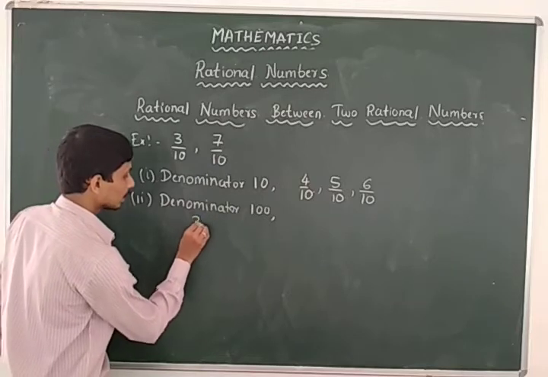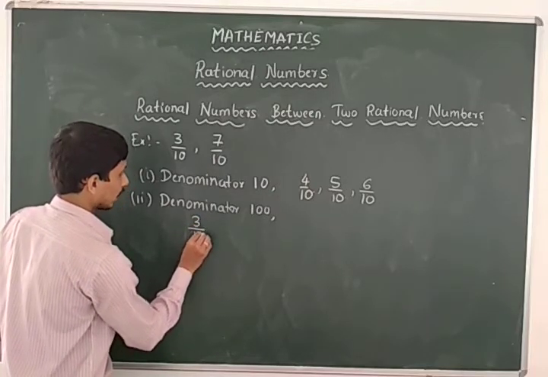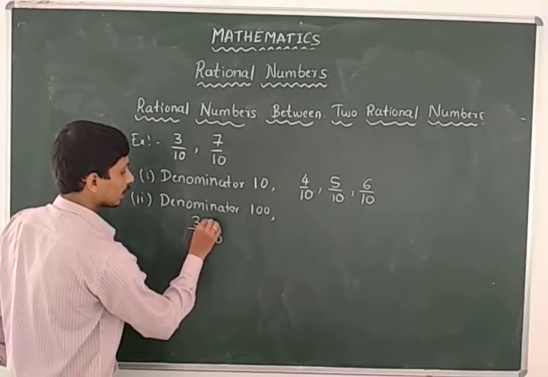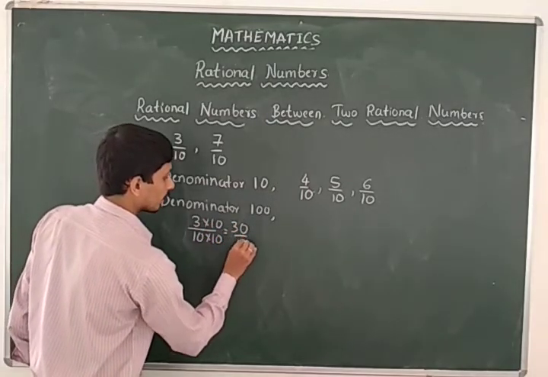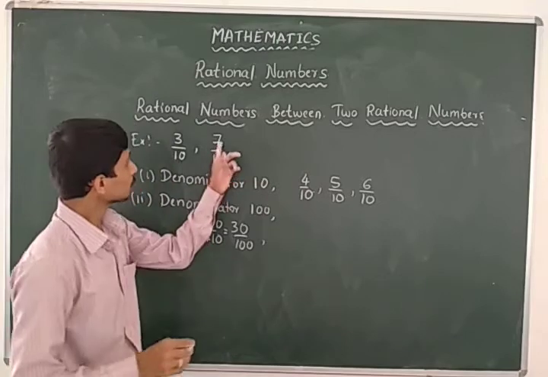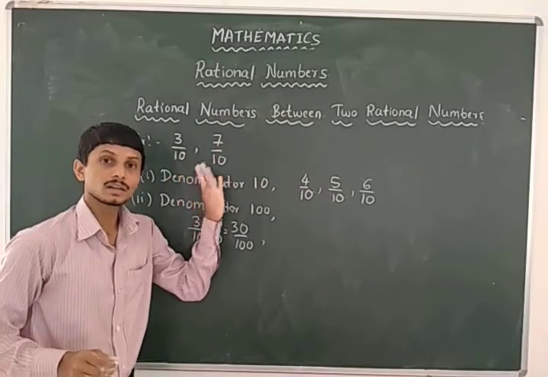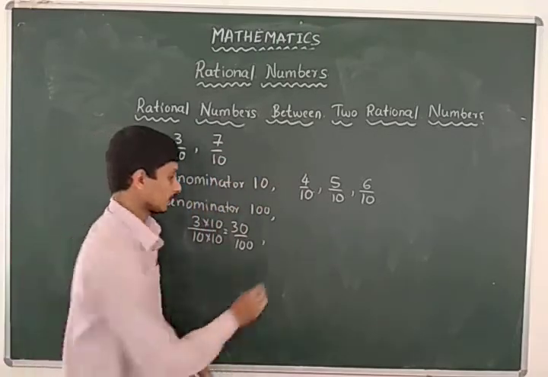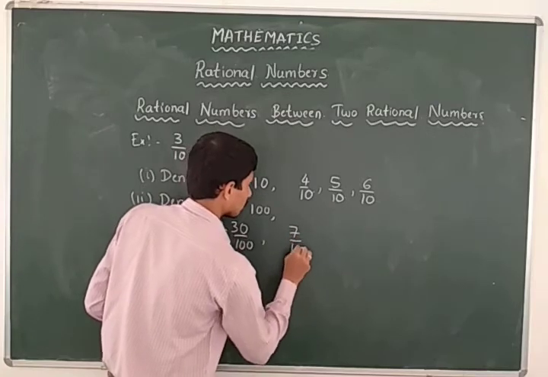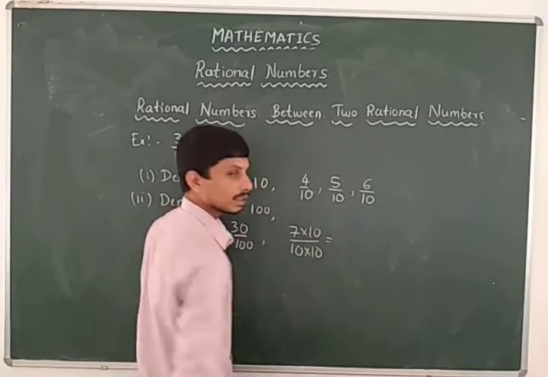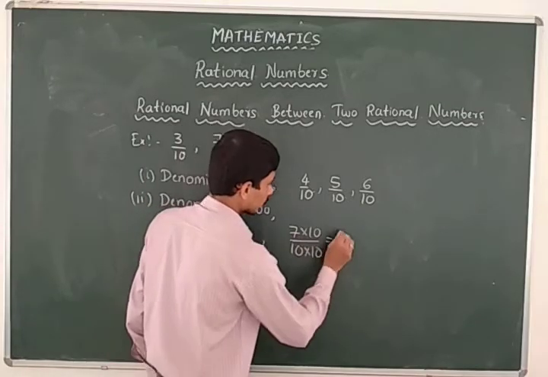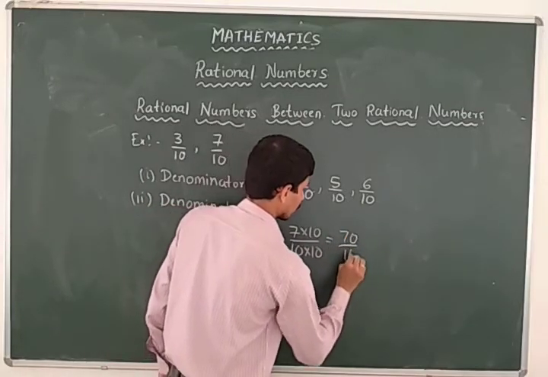So for 3 by 10 we multiply by 10 in the numerator and the denominator, which gives 30 by 100. Also, 7 by 10 we multiply by 10 above and below, so 7 by 10 becomes 70 by 100.